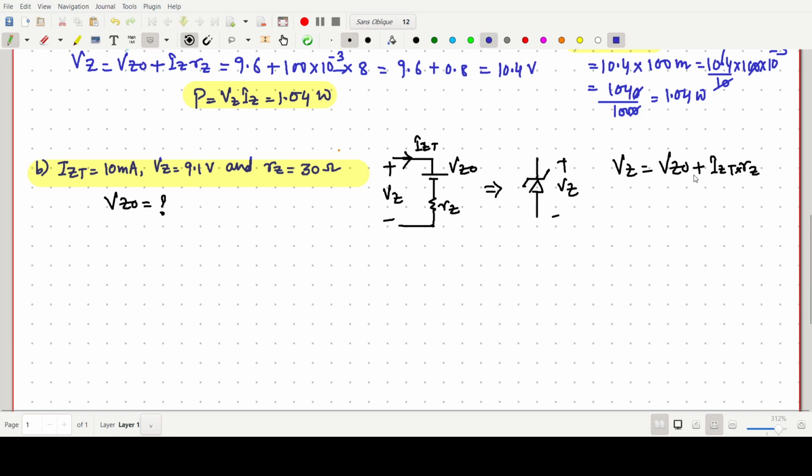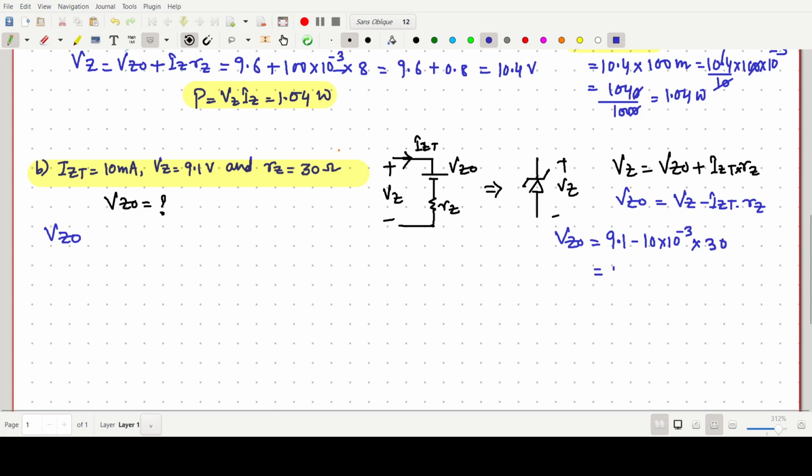One can easily write the value of VZ naught from this: VZ naught will be VZ minus IZT into RZ. VZ is given as 9.1 volt. So 9.1 minus IZT, 10 milliampere, so 10 into 10 to the power minus 3, and the resistance value is 30.